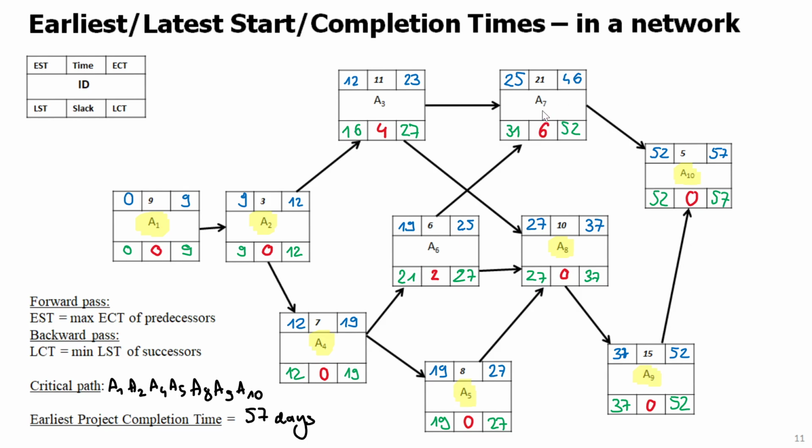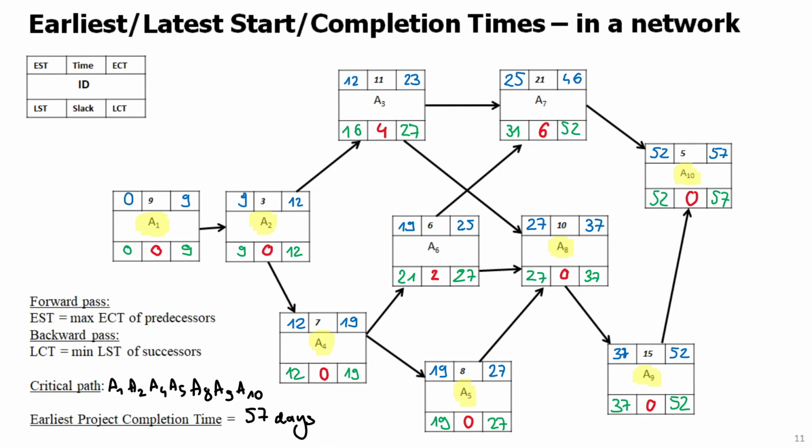The more slack you have, the less critical the activity is, and then you can maybe focus your control on the critical activities a little bit more than on the non-critical activities. So this completes the calculation of earliest and latest start and completion times, and then finding the slacks and the project completion time, how soon the project can be finished at the earliest.